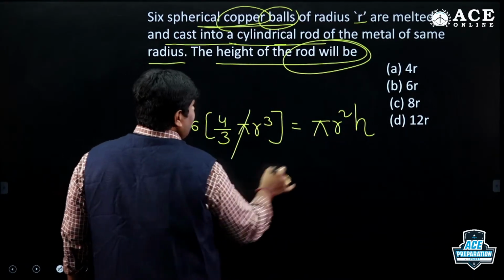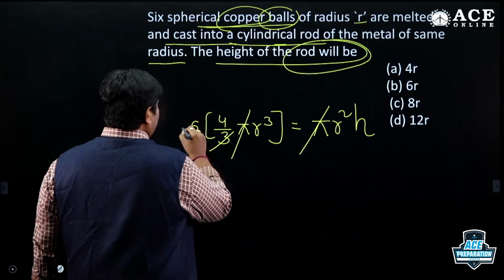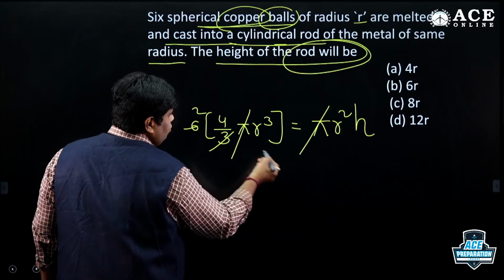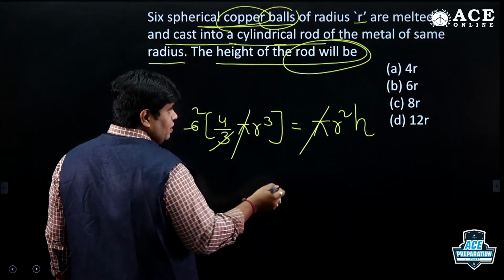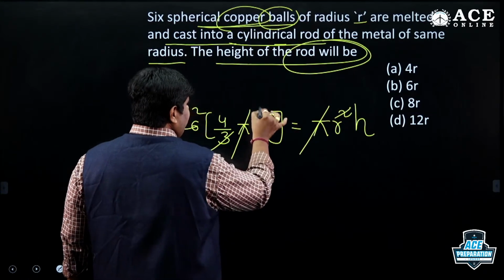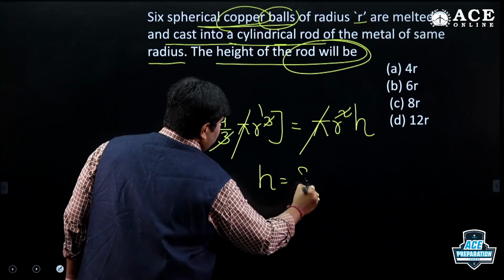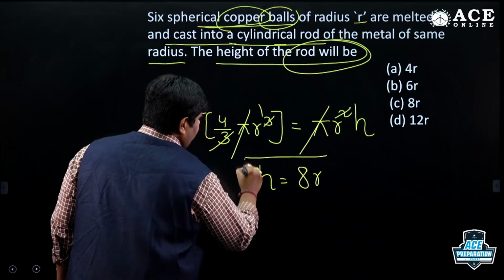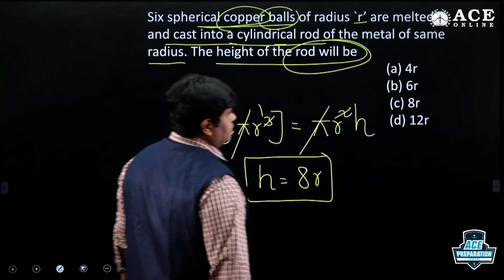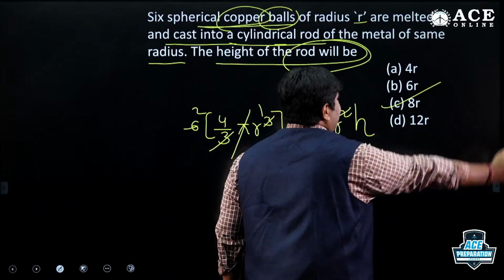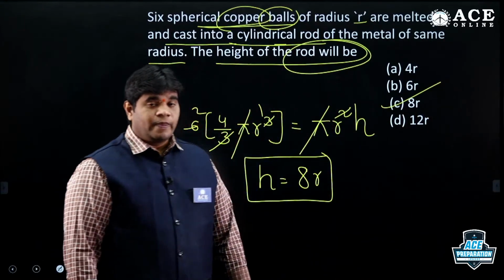So pi cancels. 3 2s are 6, 4 2s are 8, r cube by r square h: r square cancels, remainder is 1. Then simply h is equal to 8 into r. So the height of the rod is 8r.